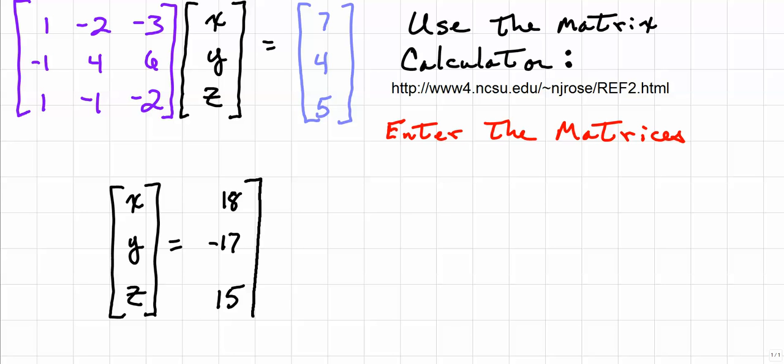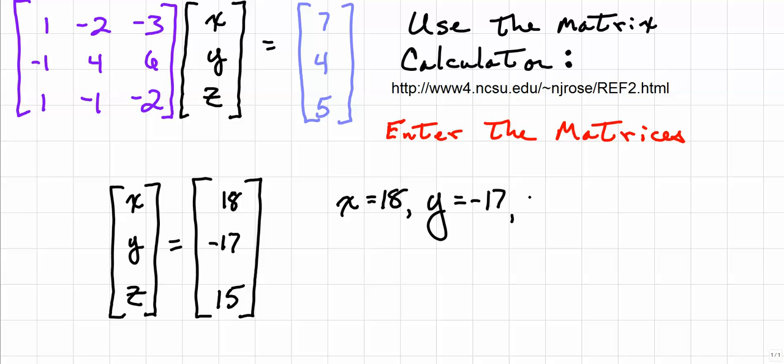And then we can individually write that out if needed. x equals 18, y equals -17, z is equal to 15. And I could just as easily say that X is equal to this.